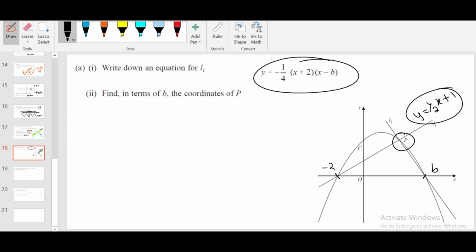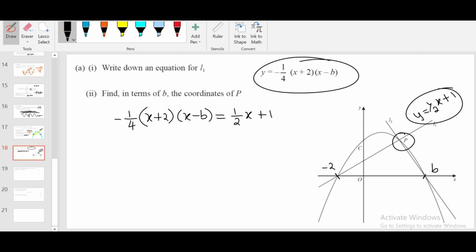So I'm going to equate them. Minus 1 over 4 times x plus 2 times x minus b is equal to half x plus 1. We need to find x and y by solving this.